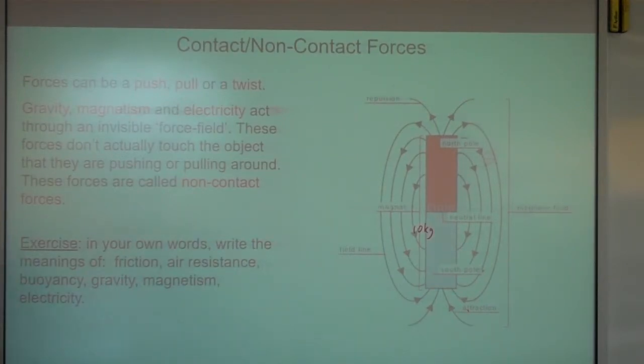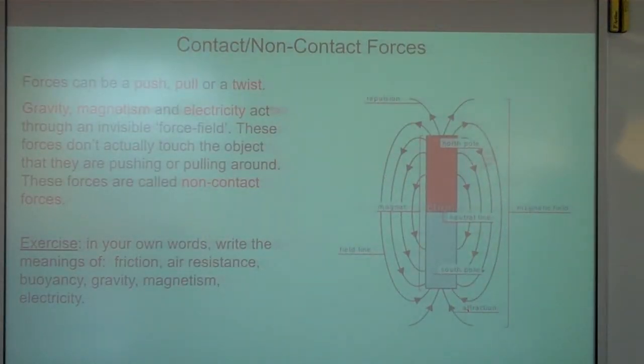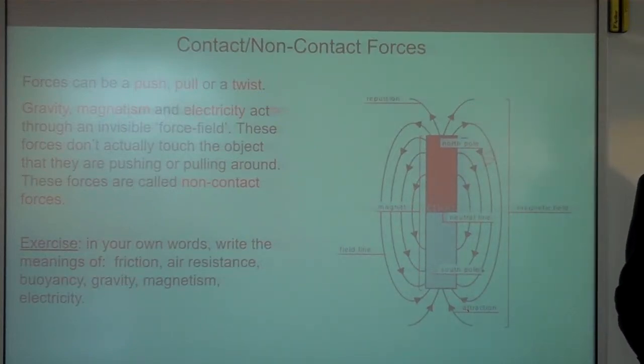I won't get you to do that exercise, but gravity, of course, is unusual. We've talked about that before. I mean, we don't have a great understanding of what gravity is. We can measure it really, really well. But it's a non-contact force proportional to mass. So the greater the mass of objects, the greater the force. It's also proportional to distance.